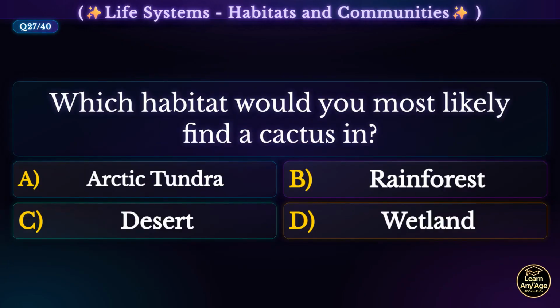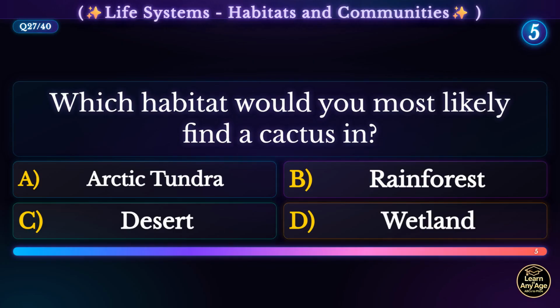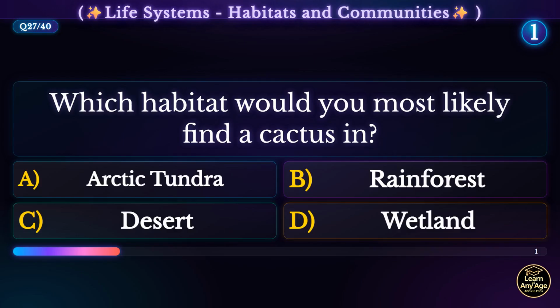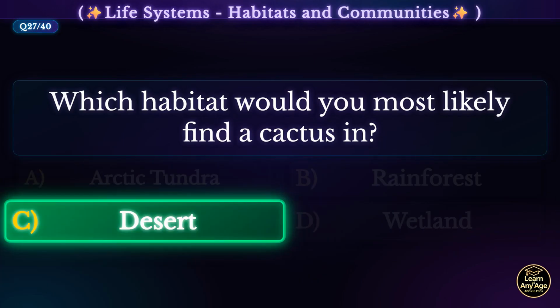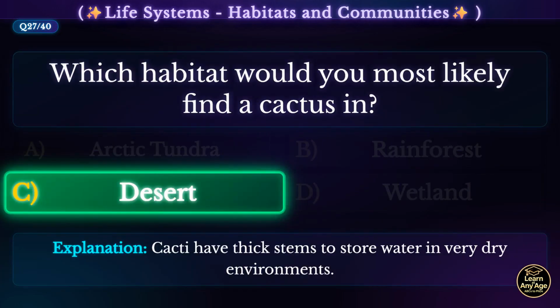Which habitat would you most likely find a cactus in? Arctic tundra, rainforest, desert, wetland. Desert. Cacti have thick stems to store water in very dry environments.